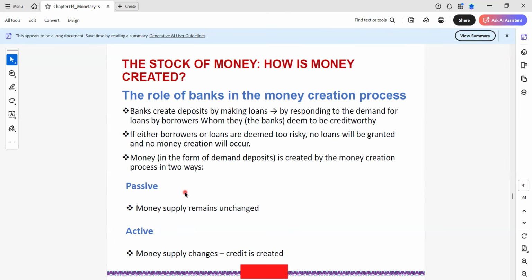You do not expect to use it, but when the need arises, you can use it, right? So with passive money, the money supply remains unchanged, right? Why? Obviously, because that is the money that you have at your disposal. You can use it at any time, right?